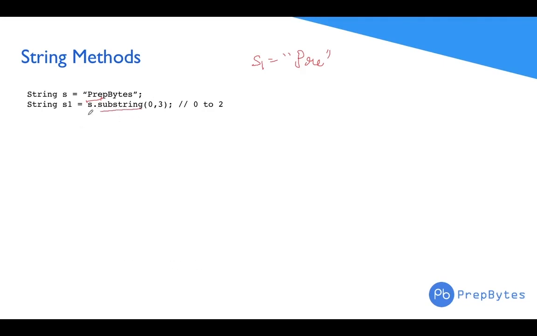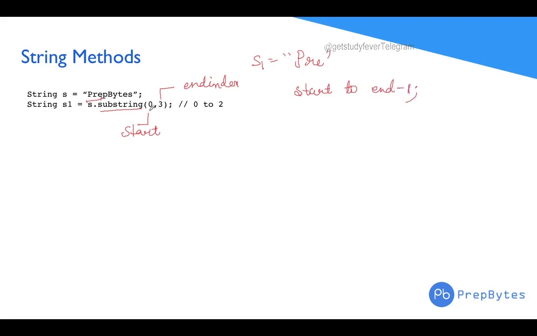So we call substring method on object S, which is prep bytes, and we give two indexes. So this is the start index and this is the end index. So the substring is created from start to end -1.